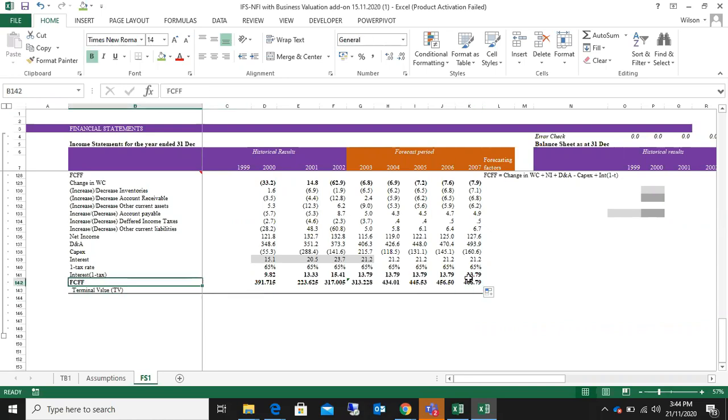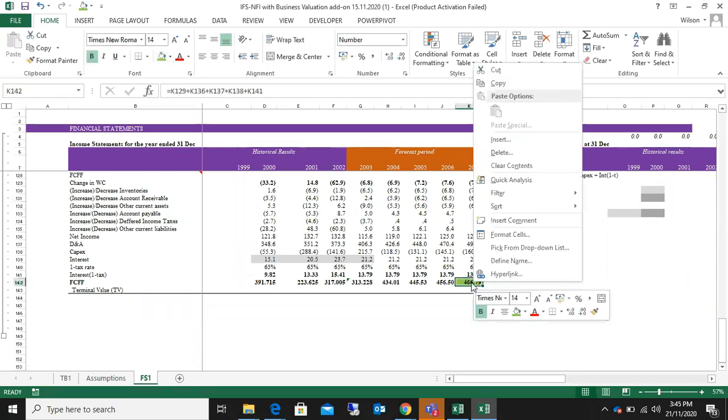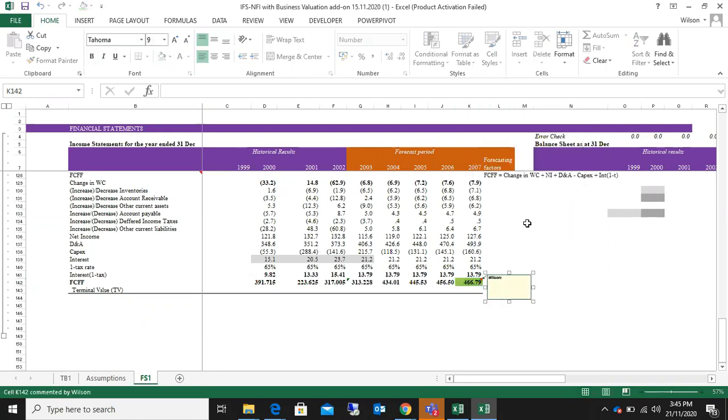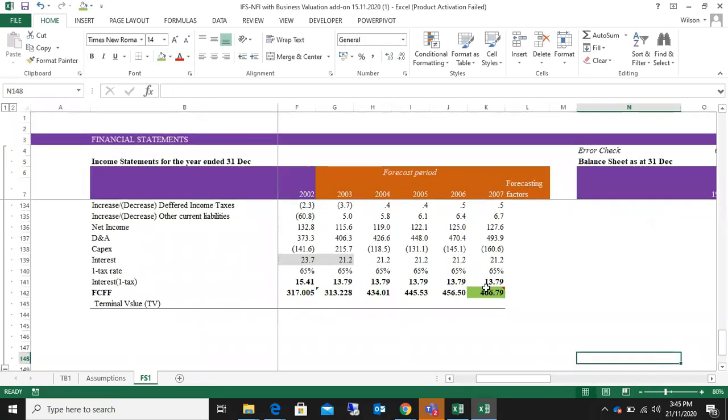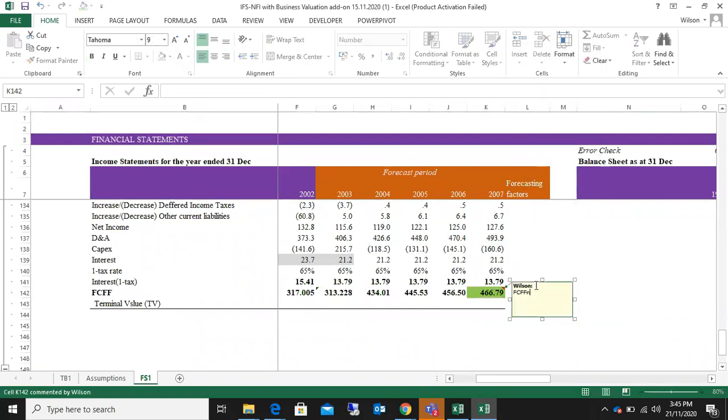Now, the free cash flow at the terminal date is this. So this is the free cash flow at the terminal date. I can put a column there, FCFF subscript.